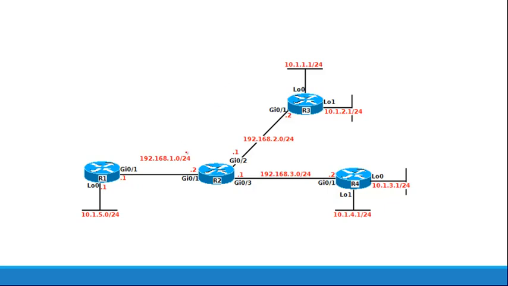So here we run EIGRP and OSPF. Here we're running EIGRP. Over here we're running OSPF. And we redistributed this EIGRP information into our OSPF protocol. So this time when we do our distribute list, we want to put it under OSPF.